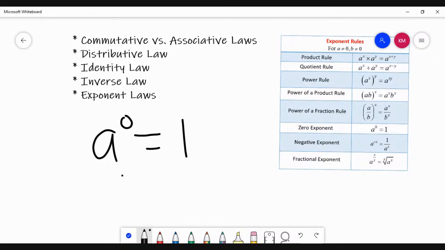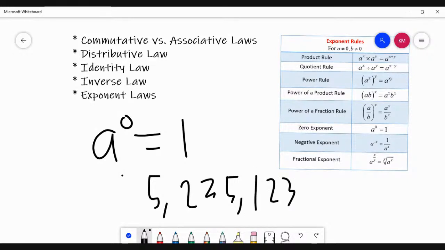So if you have 5,235,123 to the zero power, the answer is 1.